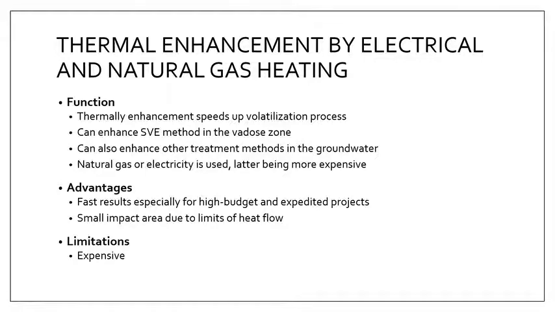Meaning we heat up the contaminants so that they evaporate. This is typically coupled with your soil vapor extraction method, although it's also useful for other methods that are done in the groundwater. So this is quite a flexible method. It can be done in the vadose zone, and it can also be done in the saturated or groundwater zone.